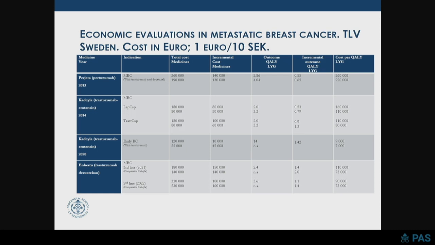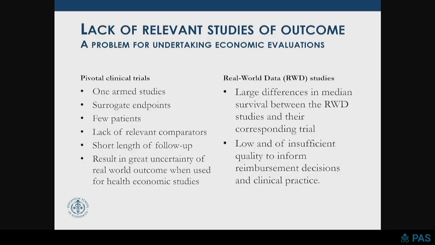We can't really rely on these estimates. So what do we do? Well, we accept the price with a discount in order to cover this. So this is the problem. It's always the same: high uncertainty in all the evaluations.